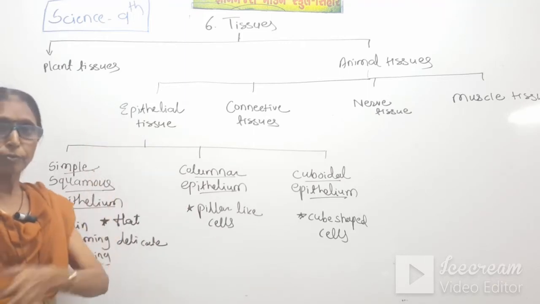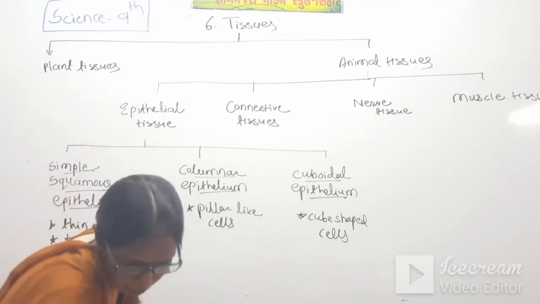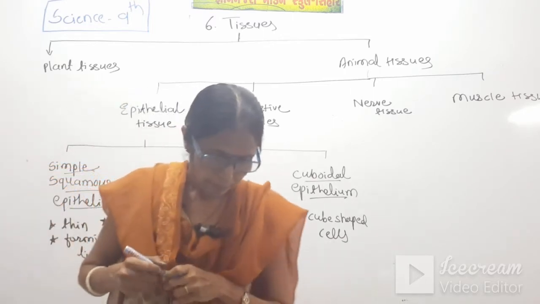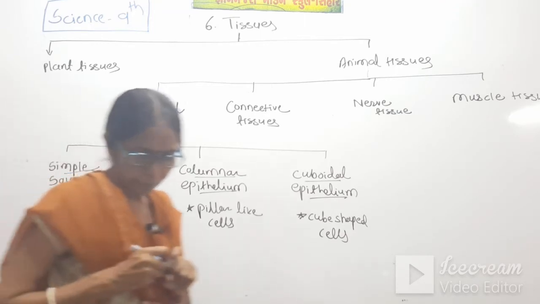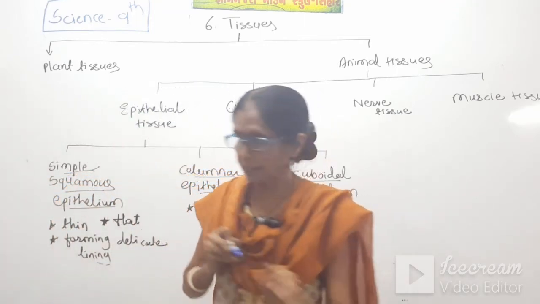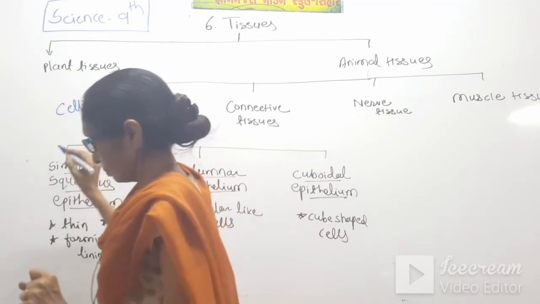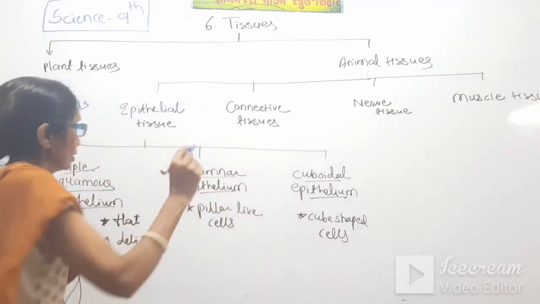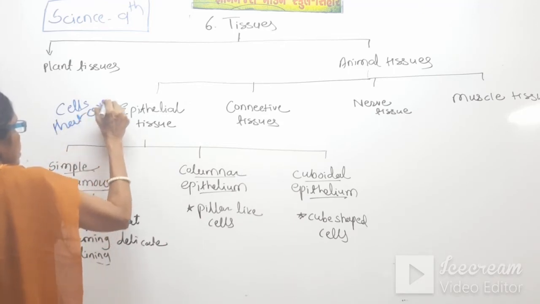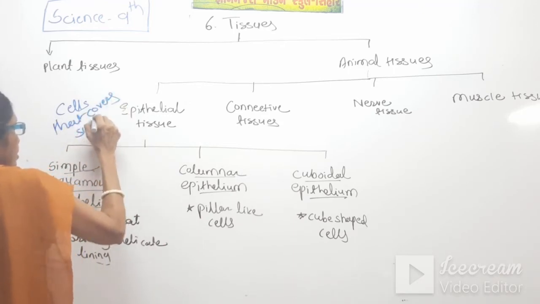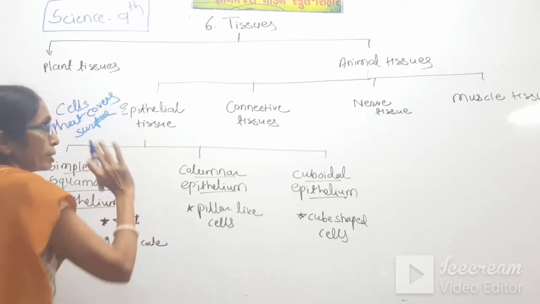Also, these types of tissues are found on the surface of the skin. We can say cells that cover the surface, means we can say skin or whatever it may be, surface.